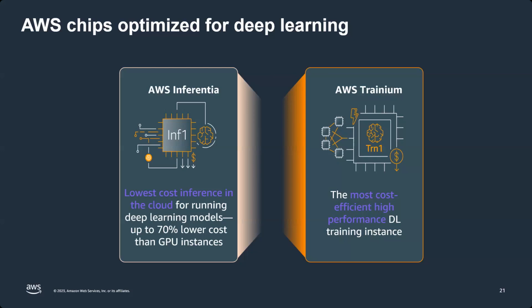And we offer Amazon EC2 TRN1 instances based on our custom AWS Trainium chips. And the Inferentia chip is a machine learning inference chip that is custom designed by AWS to deliver high throughput, low latency inference performance at an extremely low cost. So the key takeaway from this slide is that AWS has also designed two different chips that have been optimized for deep learning.